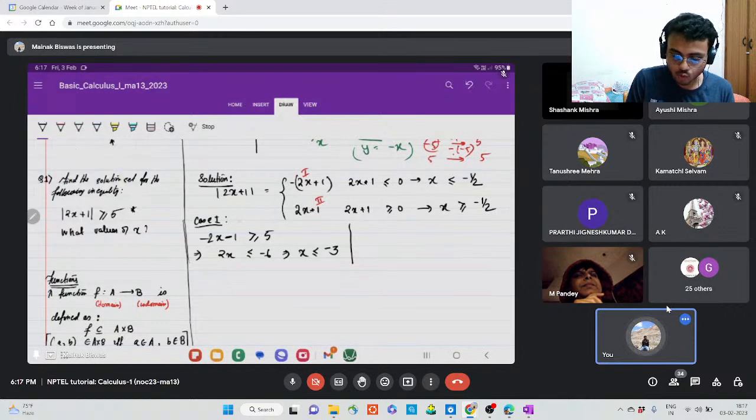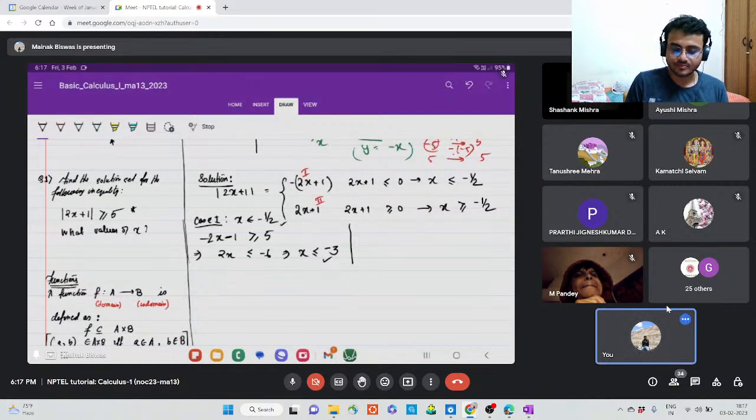Here you have two conditions, where x is less than minus half. You have written that as minus of 2x minus 1. Now how do you combine these two conditions to get the region in which this inequality is satisfied?